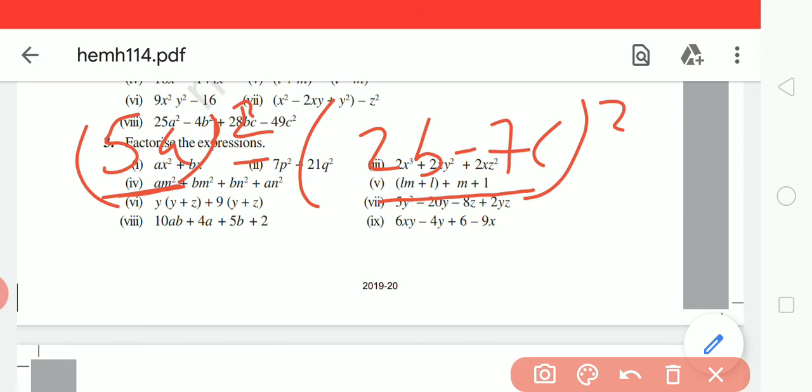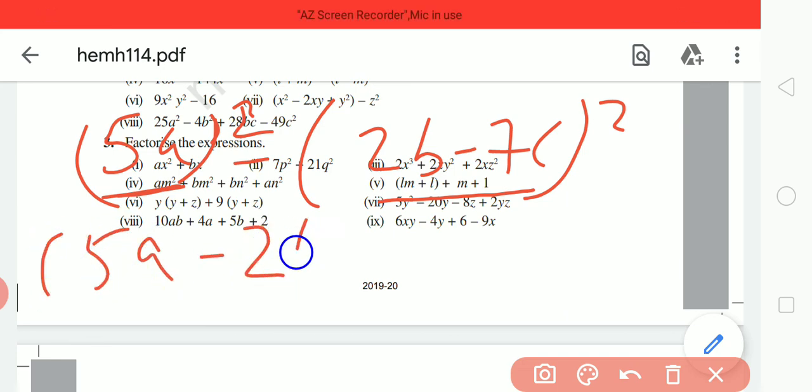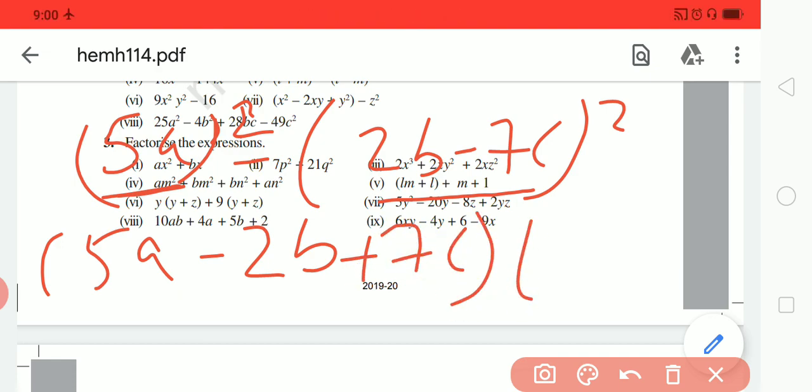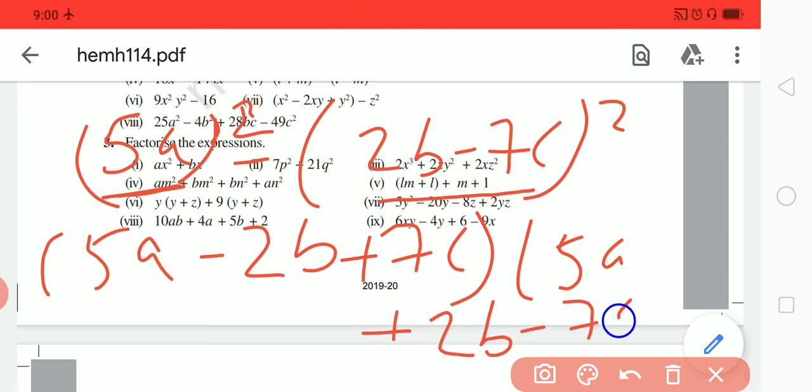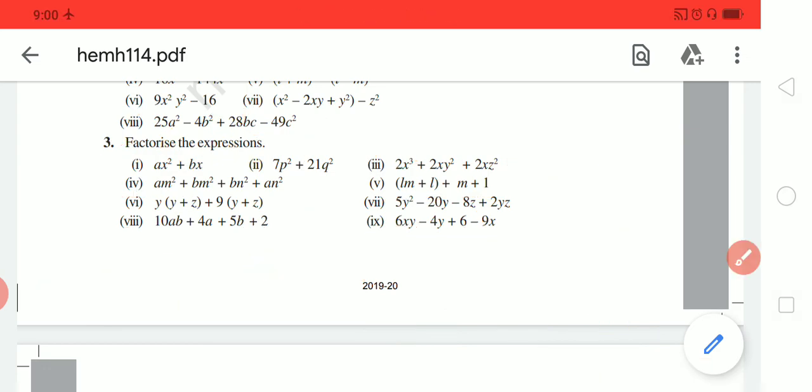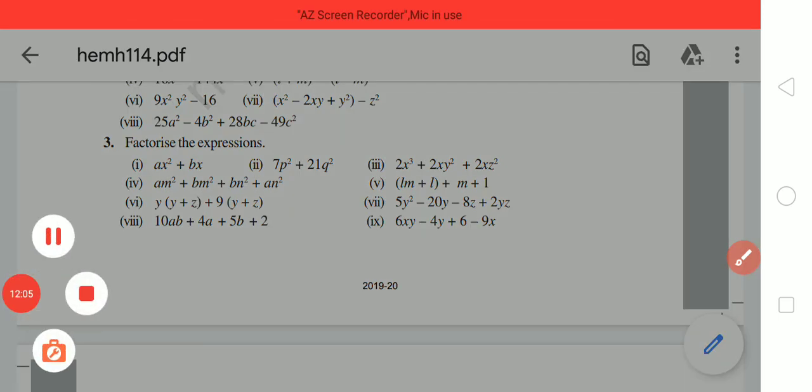So first we will subtract 2b minus 7c from 5a, then we will add 2b minus 7c to 5a. So 5a minus 2b, the sign will change, plus 7c, and then 5a plus 2b minus 7c. In the addition the sign will not change, and in subtraction the sign will be changed. So this is the solution of question number 2. That's all for today. Thank you.